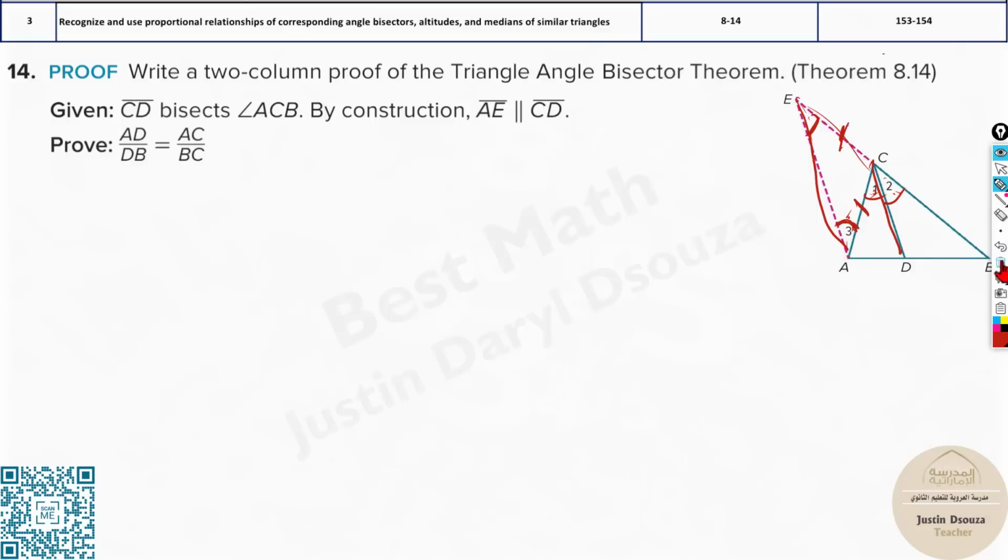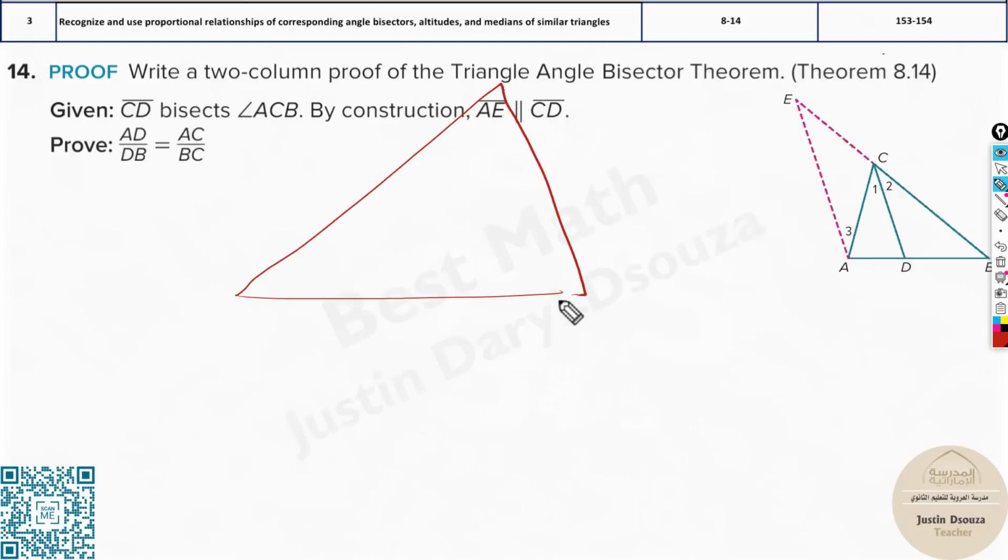So let's start one by one. Before that, we need to first redraw this triangle. I'll draw this AE down flat over here, and then I will extend this. Now, E is over here, A is over here, and I'll draw a parallel line because CD is parallel.